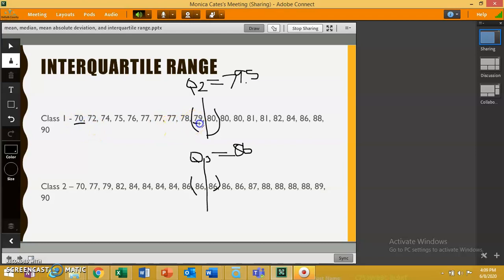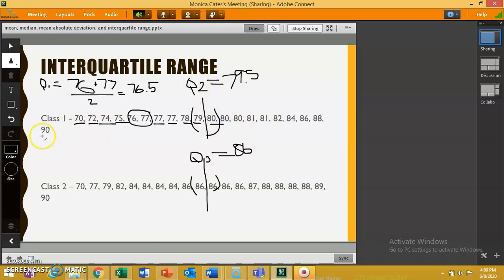So this is my 1, 1, 2, 2, 3, 3, 4, 4. So my Q1, just like I did for Q2, would be 76 plus 77 divided by 2, which is 76.5. Okay, and so again for Q3, it's everything excluding the lower half, not including that Q2.